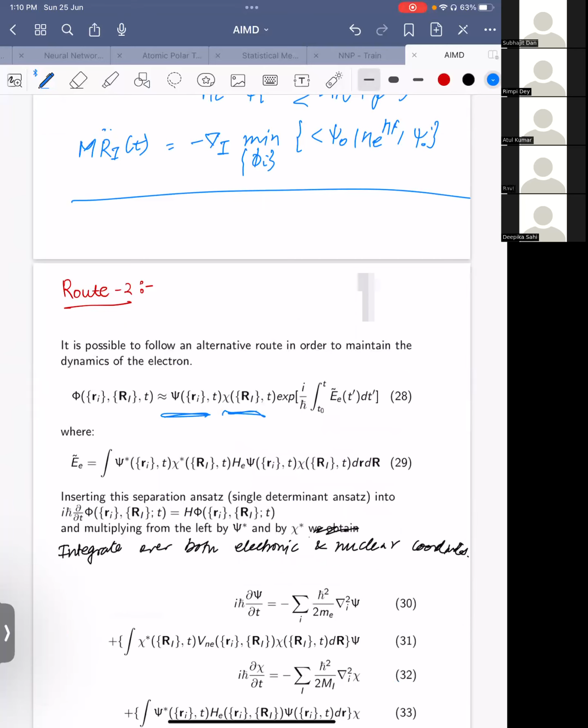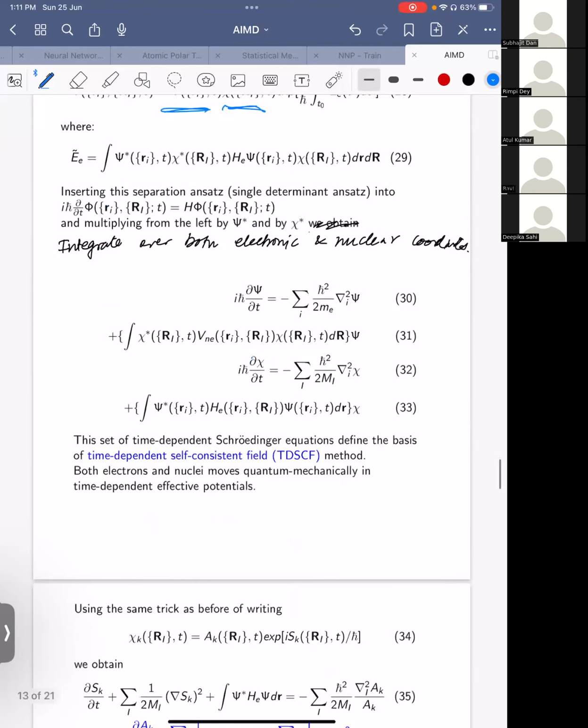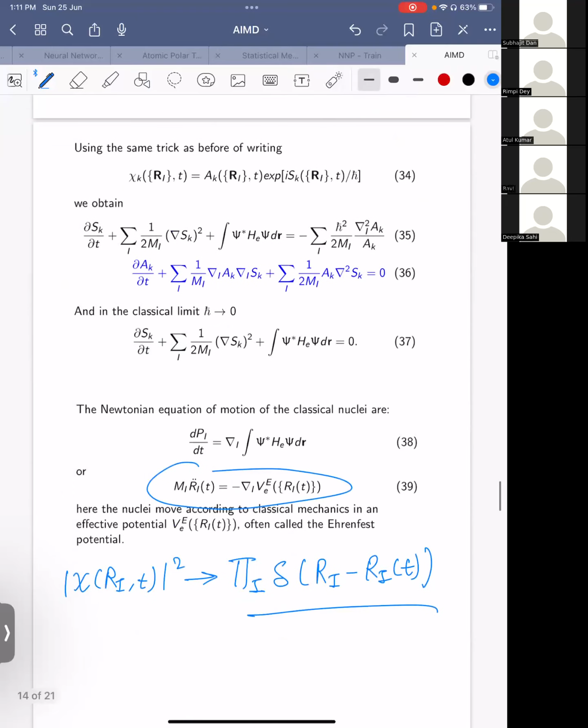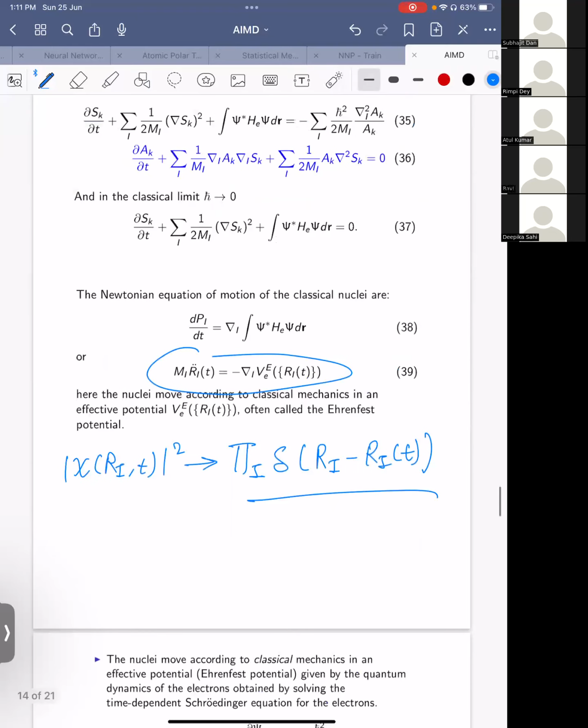So basically we have to minimize the wave function initially, and then we propagate the electron wave function. We don't have to solve the time independent Schrodinger equation to calculate the energy of the state. Also, in the other approach, the Born-Oppenheimer molecular dynamics, we were using the adiabatic approximation, which suggests that there is no coupling between two states, but here the coupling is allowed.